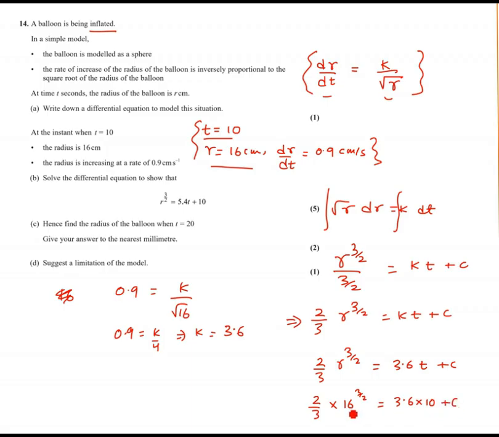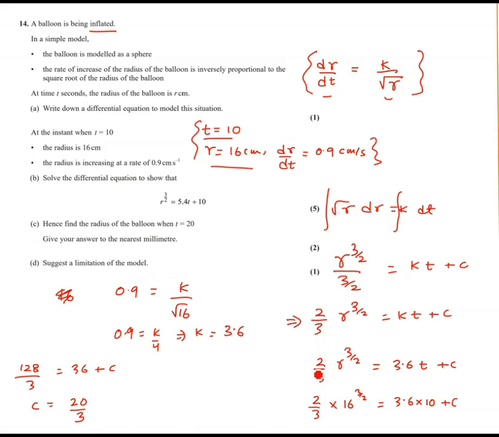So 16 square root is 4, cubed is 64. 64 times 2 is 128. So this becomes 128 over 3 equals 36 plus c. That means c is 128 divided by 3 minus 36. So that comes out as 20 over 3 in the calculator.